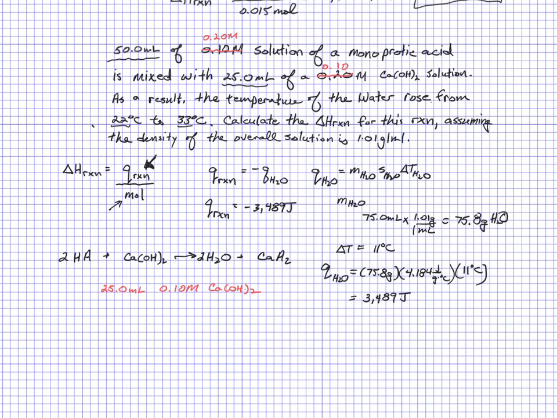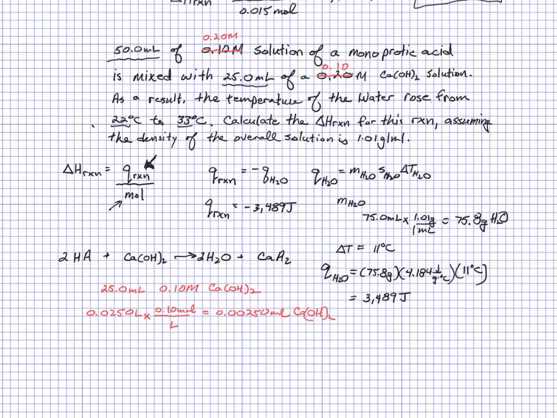That means we have 0.0250 liters of calcium hydroxide at a concentration of 0.10 moles per liter, which gives us 0.00250 moles of the calcium hydroxide.